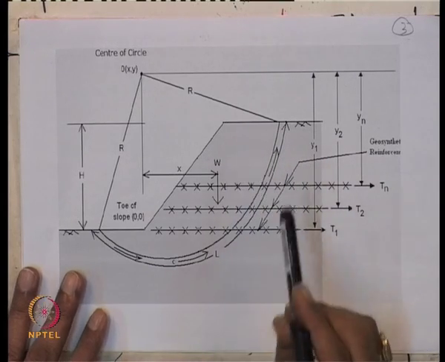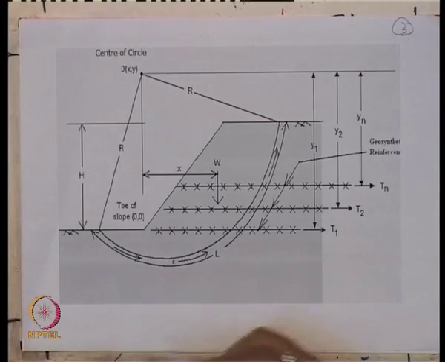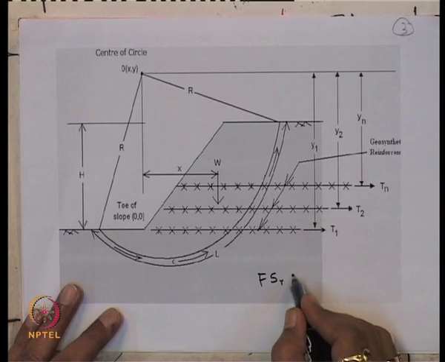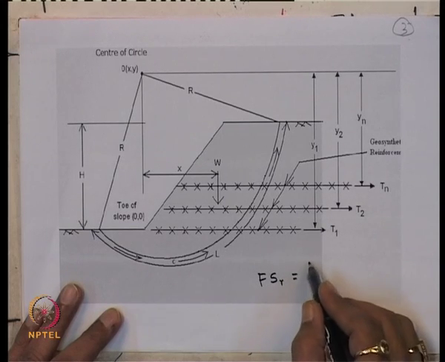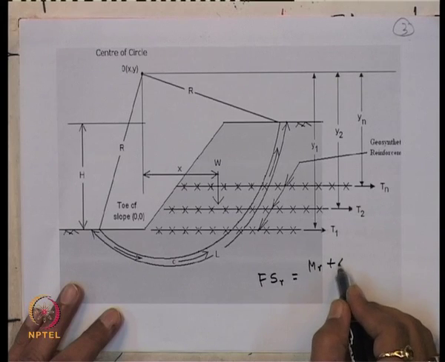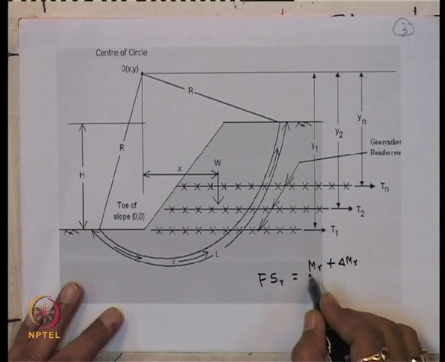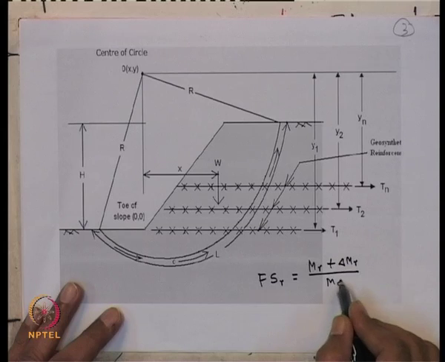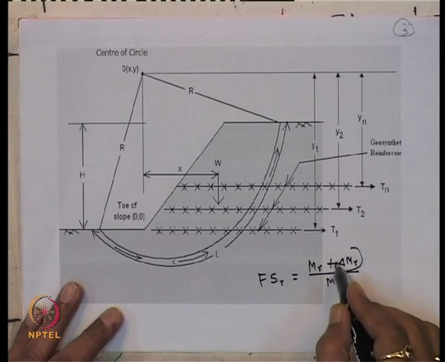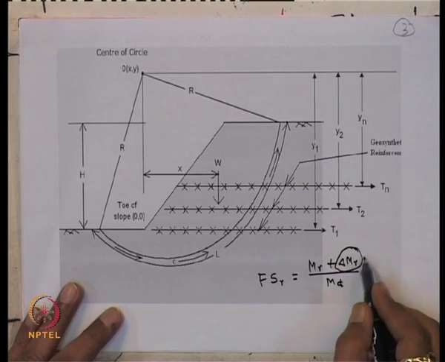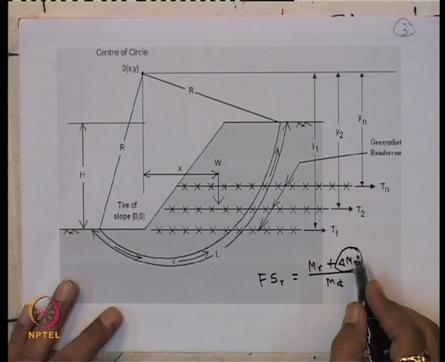So we know what the factor of safety will be for the reinforced case, the multi-layer reinforced case. For example, the factor of safety we calculated is the resisting moment divided by the driving moment. Now this delta Mr is due to the introduction of the reinforcement.